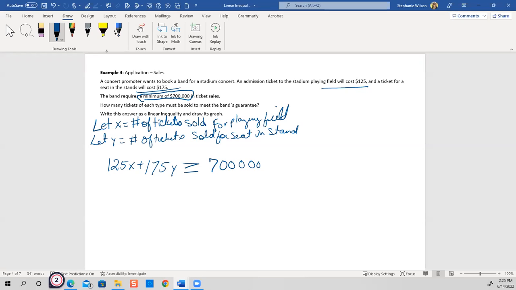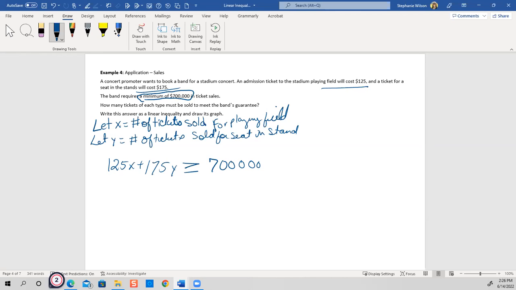The next thing I want to do is graph this. What if I divided all of this by 25? What we're trying to do is get this down to where we can graph it. We can use the 3-step approach that's in our notes over this section.